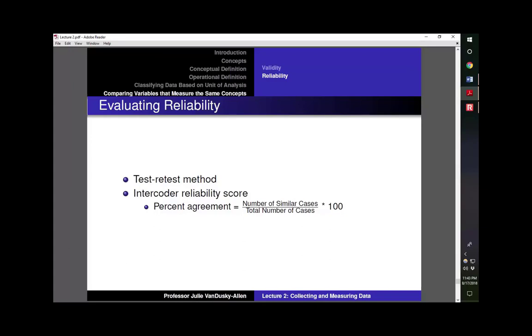A simple intercoder reliability score is the percent agreement measure. It is calculated by dividing the total number of cases that coders agree upon divided by the total number of cases overall multiplied by 100.